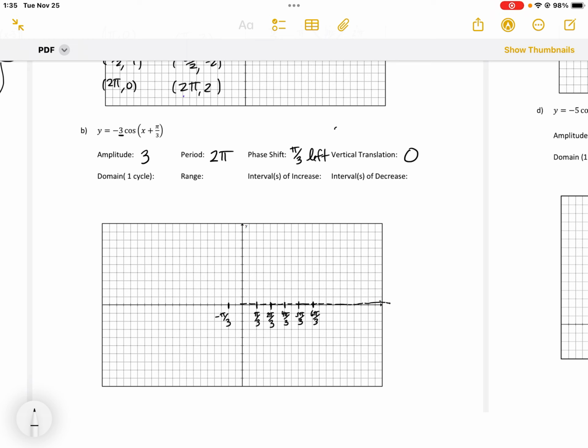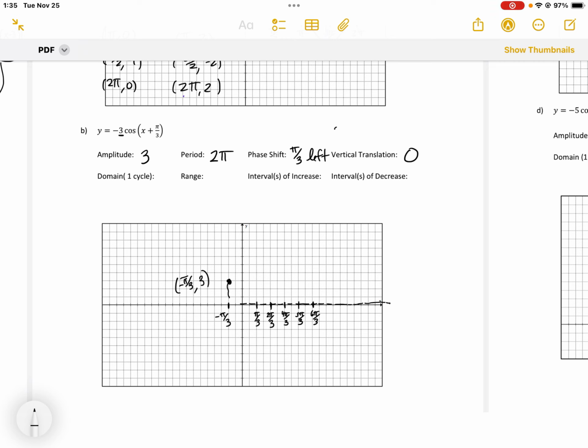So let's figure out our first point. For cosine, it's normally right at 1. But I'm going to move it to the left by pi over 3, and I want my amplitude to be 3. So now instead of being 1, my amplitude is going to be 3, so I'm going to go up 1, 2, 3. So then my starting point now is right here at this point, -pi over 3 and 3, so that my amplitude is 3 based on that graph.